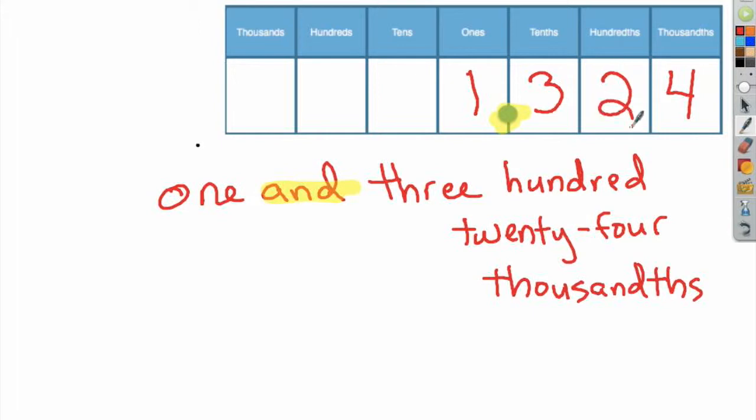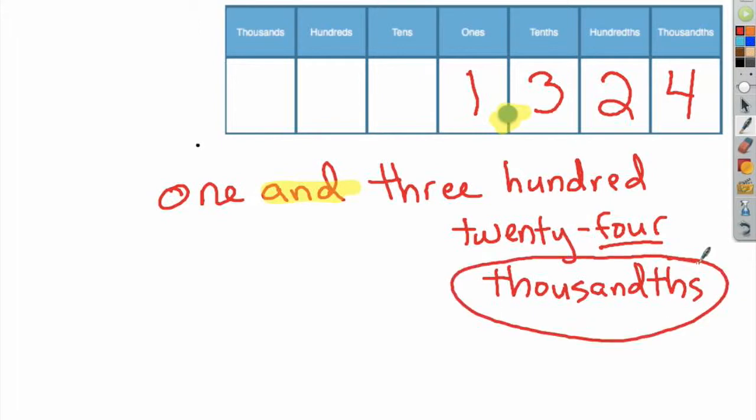Exactly. If you're getting confused, do like I do. Start with the last digit that you have. The last digit, it says, is 4. And what place is the 4 in? It's in the thousandths place. Now, remember that little handy-dandy trick I also showed you the other day?